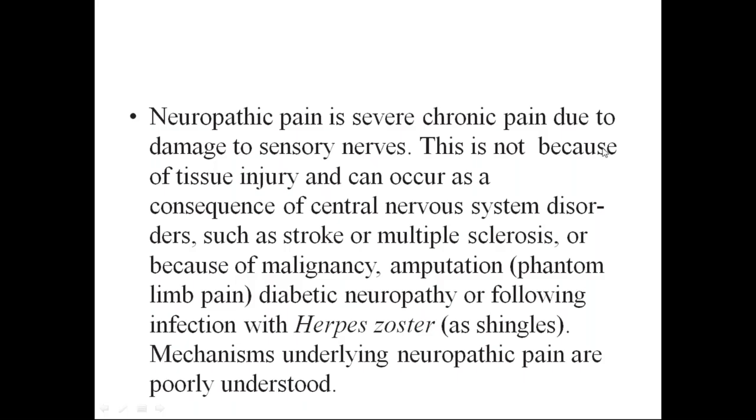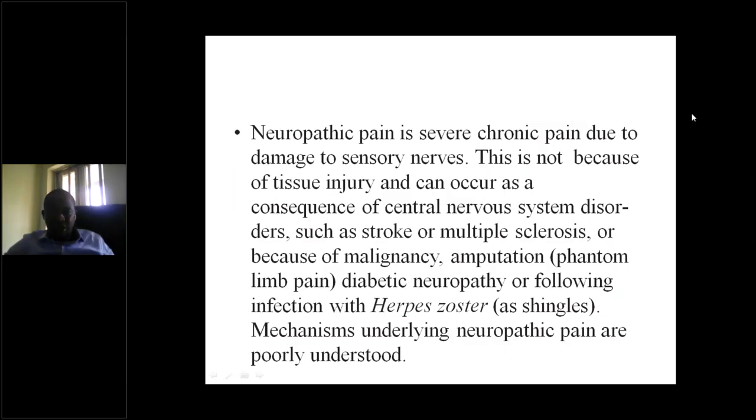So neuropathic pain, as we mentioned earlier, is chronic. It's not that it can be chronic or acute. Acute pain, as I mentioned to you, is something between 2 weeks and thereabout. Chronic pain is something that is going to last for long, can last for years, can last for months.